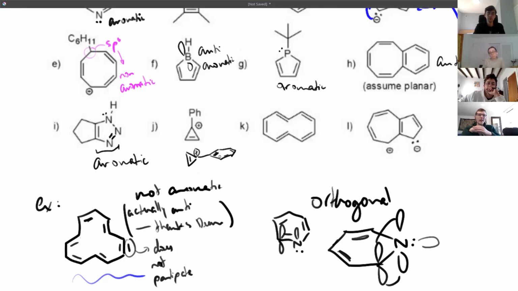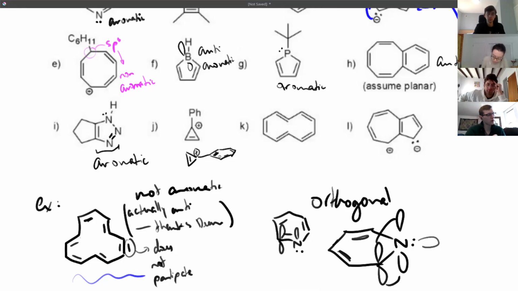Oh, okay. So when we're saying it's aromatic, we're saying just the triangle is aromatic. Not to say triangle, but you know what I mean. Yeah, I guess so. Obviously the benzene ring is aromatic too, but they're separately aromatic.